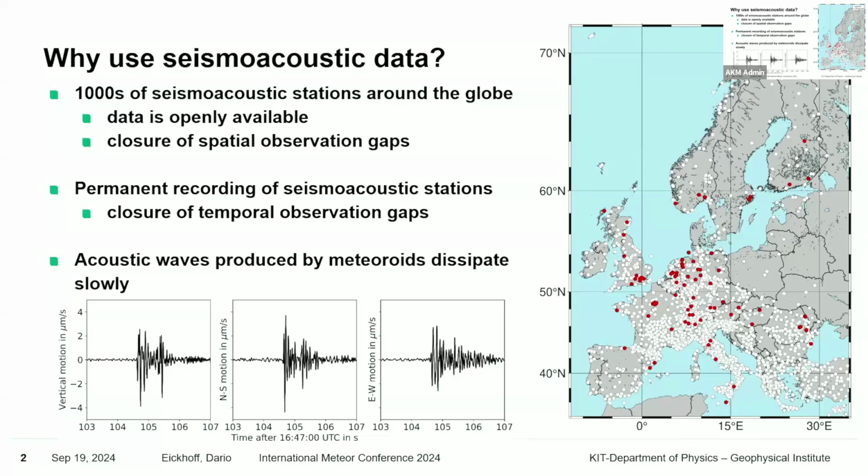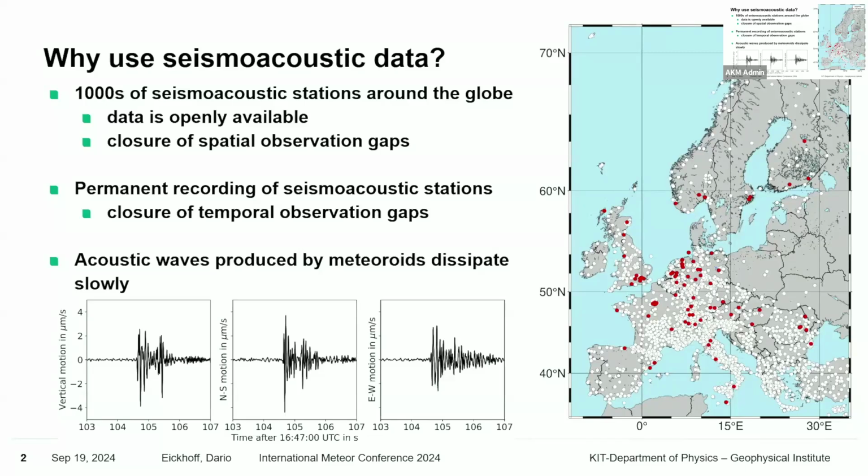And these all can help close spatial observation gaps that we have with the commonly used meteoroid observation methods, of course. Secondly, we can also record all day and every day, so we don't rely on bad weather or the daytime, so we can even catch some rare daytime meteoroids if we are lucky. So these stations can also help close temporal observation gaps, which is really nice.